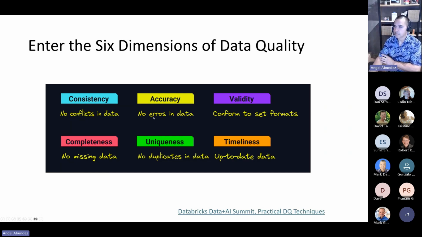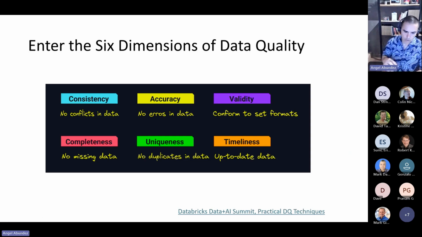a couple of these that are very important to us right now are completeness, so no missing data. So maybe your data warehouse is about customers, right? And you get a new customer in, but when you get a new customer in, you have to know who the sales representative is. You've got to know which region they're in. You've got to have their complete contact information.